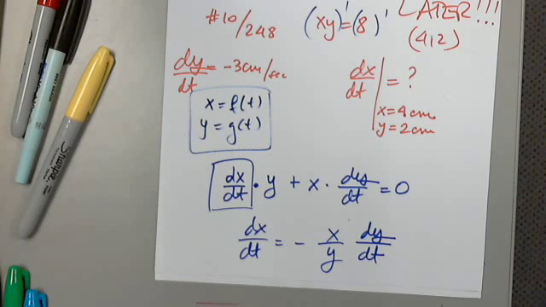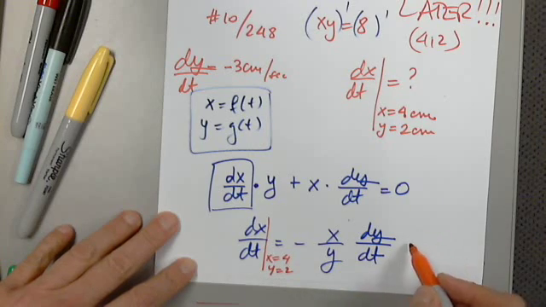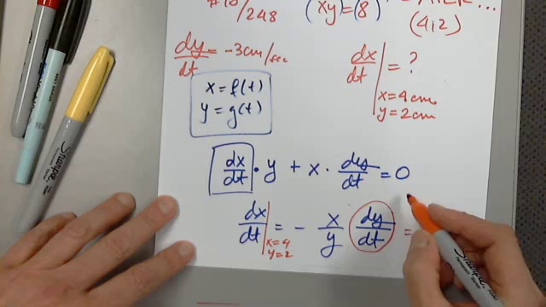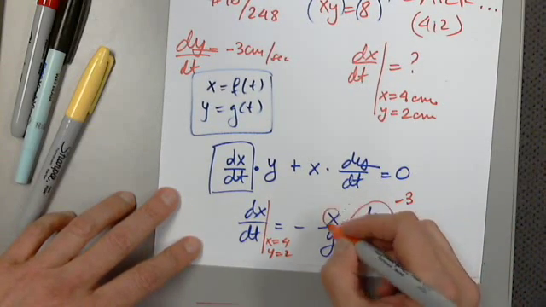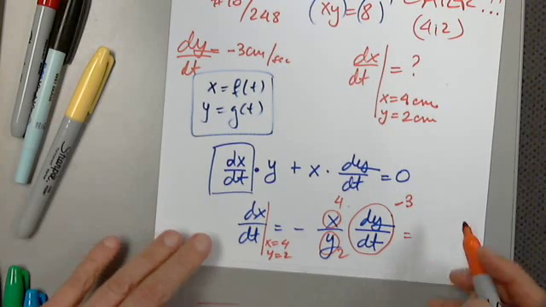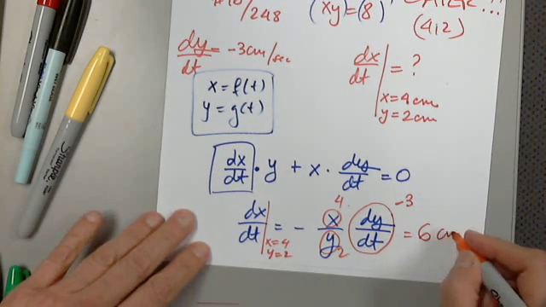Now we're ready to plug in the numbers for x equals 4 and y equals 2. dy/dt was given to us as negative 3 centimeters, and x is 4 and y is 2. 4 divided by 2 is 2. 2 times negative 3 is negative 6, but times a minus in front is positive 6. Measurement unit. Very good.